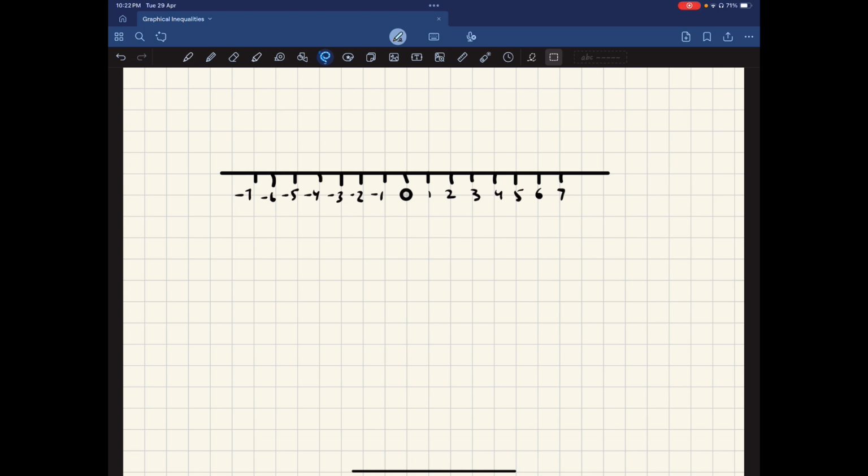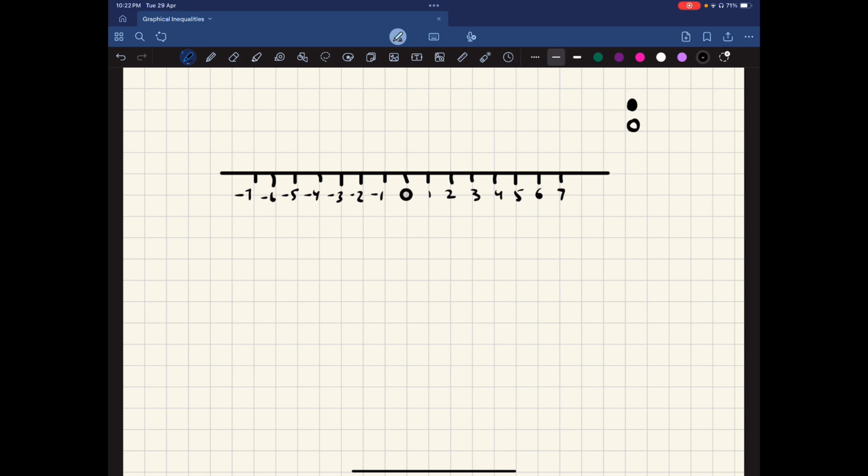An endpoint that is included is marked with a filled or solid circle. An endpoint that is not included is marked with a hollow or empty circle.